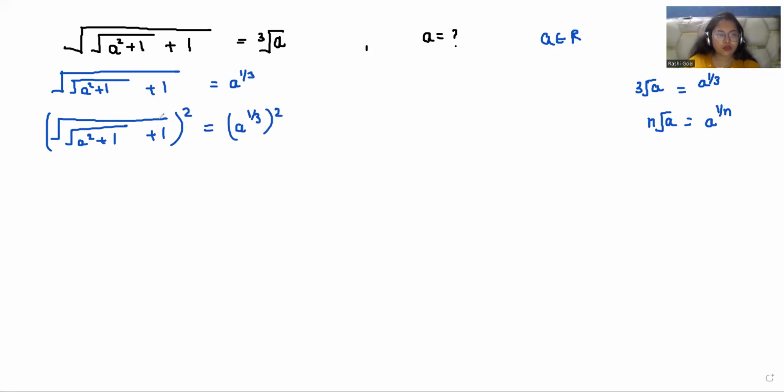With the help of this square, the square root will be eliminated. So only the square root of a square plus 1 is equal to, we know the rule of exponents, that x power m, whole power n, is equal to x power mn. So we can write it as a power 2 by 3.